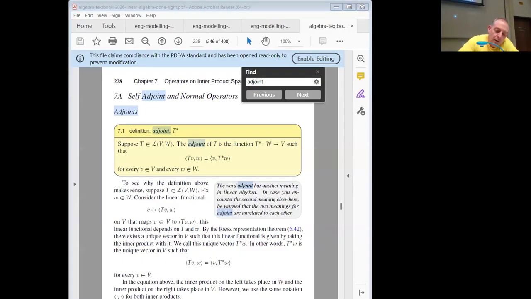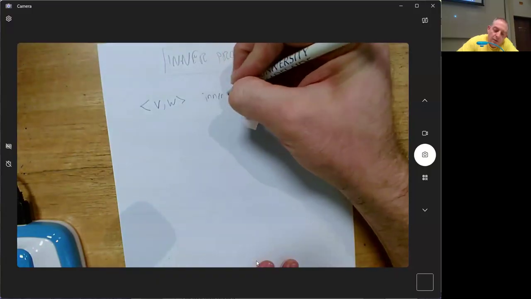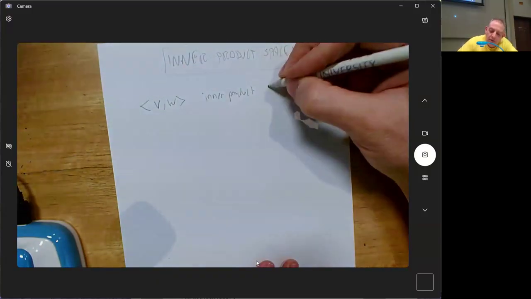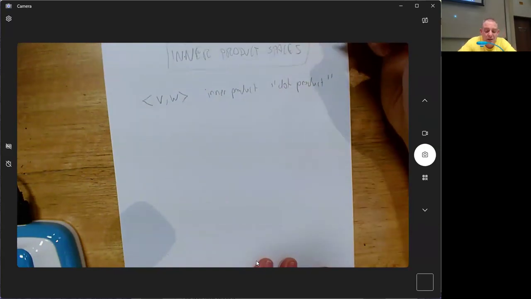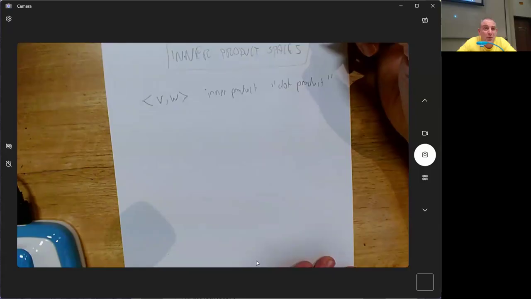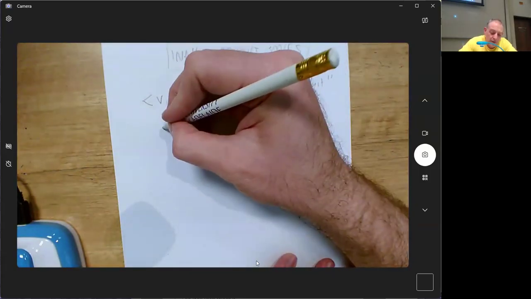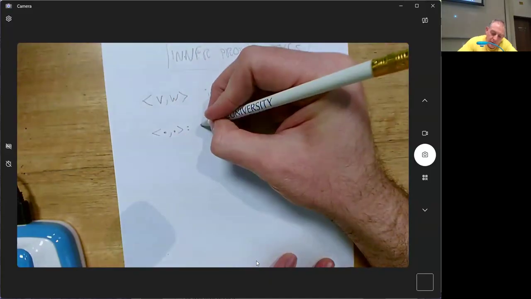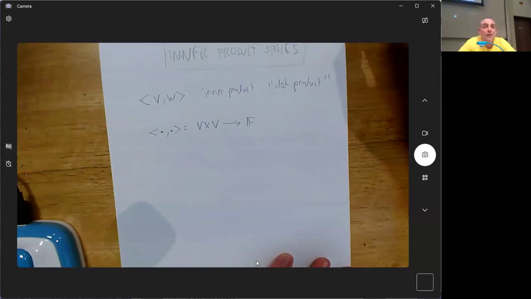Just to be clear, if you've got V and W, that's an inner product. An inner product works exactly the same way as a dot product works. Essentially it's a function that goes to the numbers, to the field. So it should send V cross V to the field.